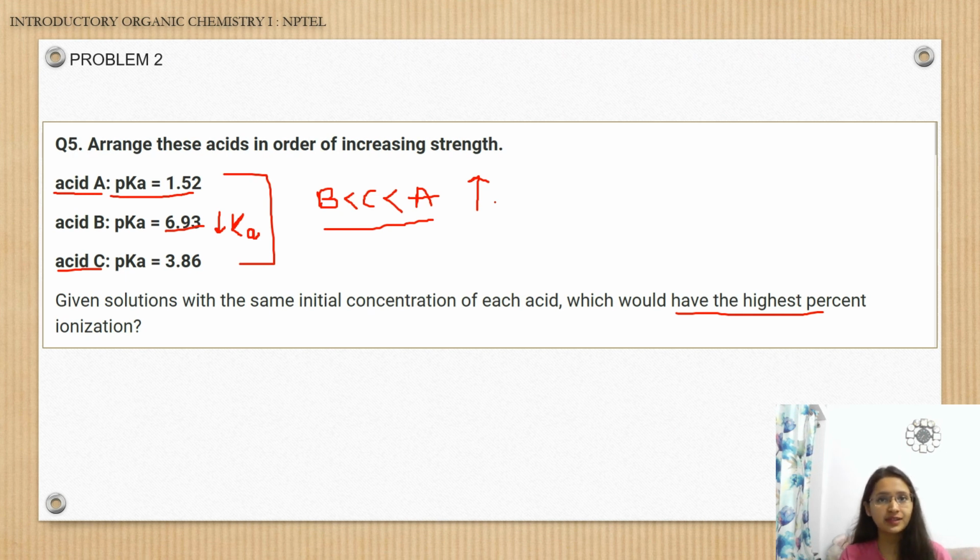That is why we are saying that if acid A is the highest acidity acid, then it would surely have the highest percent of ionization, right? So this would be acid A, which has the highest percent of ionization. And the correct order of sequence is B, C, and A. Is it clear to all of you? Any doubts, any query regarding this problem? Anything you want to ask?